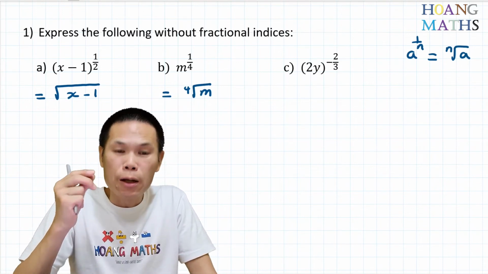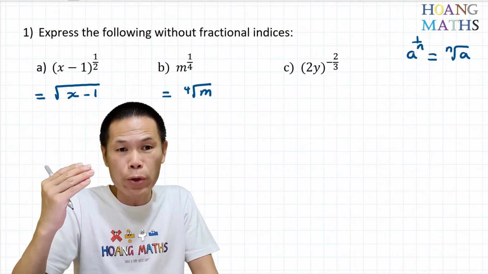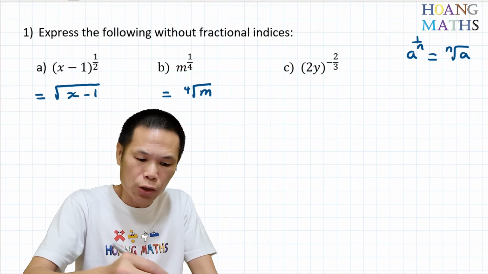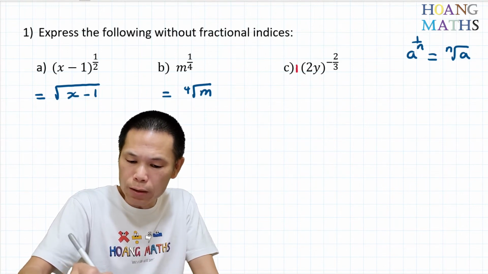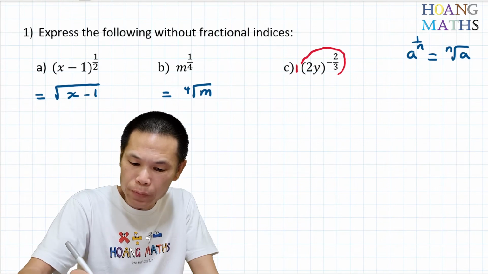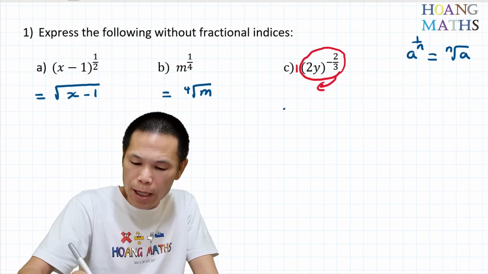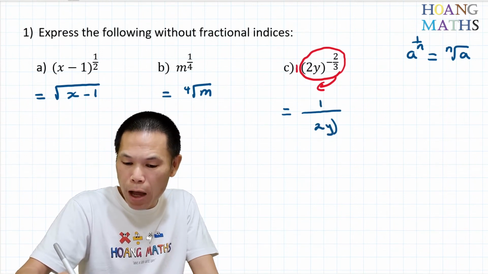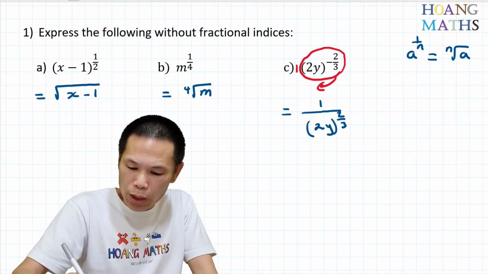Now we have (2y) all power of negative 2/3. Before we do anything, we need to convert that into a positive index first. No coefficient in front of the brackets means 1, so then we bring this down, and it becomes positive. That is exactly the same as 1 over (2y) power of 2/3. Then we write it in surd form.